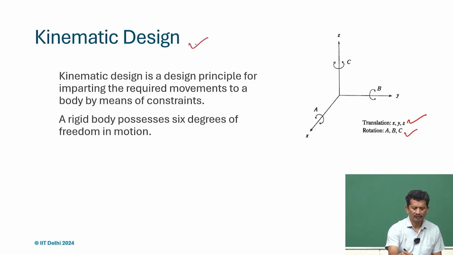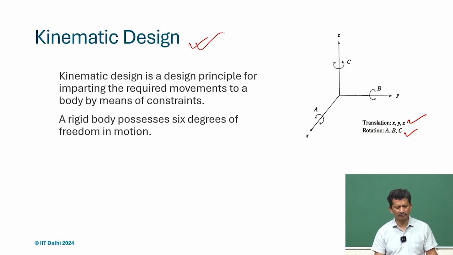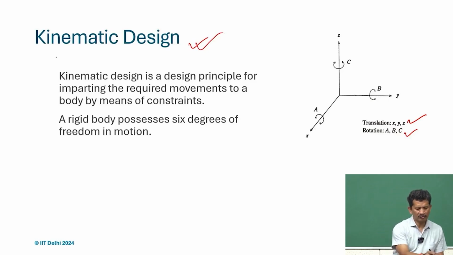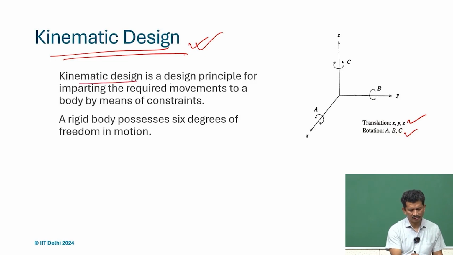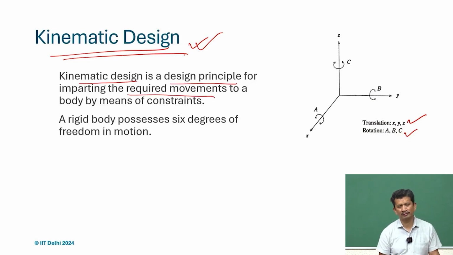And if we understand degree of freedom and constraint, then we can talk about kinematic design. What it says is a design principle for imparting the required movements to a body by means of constraints. So, yes, there are 6 degrees of freedom, but the requirement might be for 1 or 2 or 3 or 4, maybe up to 6 also. And how we are placing the constraints, that is very important.